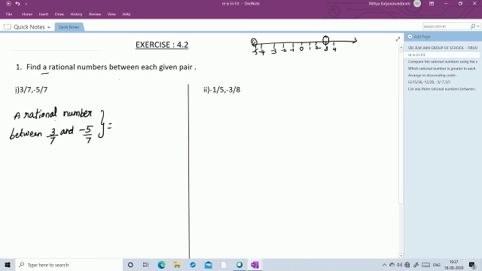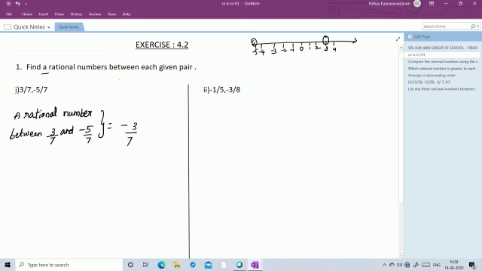But you want to write it in rational number format, that means in P by Q format, where Q is not equal to 0. So you can choose any number: minus 2 by 7, or minus 1 by 7, or 0 by 7, or 1 by 7, or 2 by 7. So minus 3 by 7.